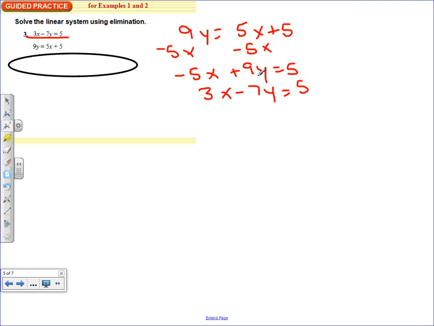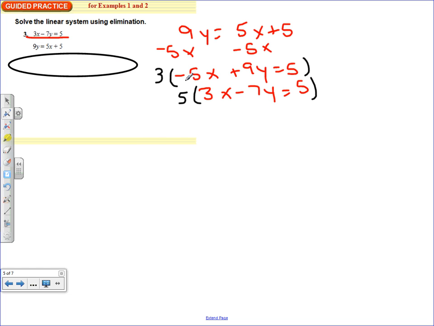I don't have any opposites. I don't have a way to just multiply one of these equations, so I'm going to have to multiply them both. And if you look carefully, if I take the first equation and I multiply it times 3, and I take the second equation and I multiply it times 5, it looks like we can end up with opposites.